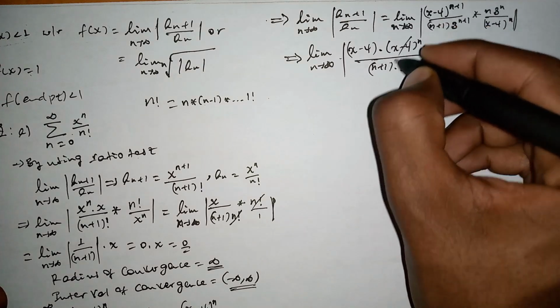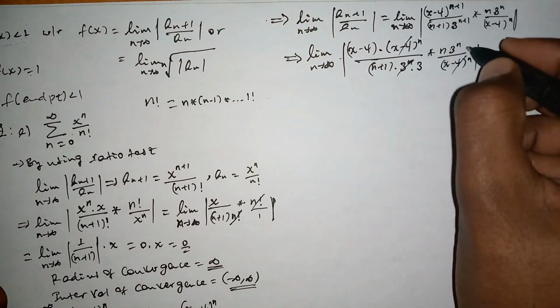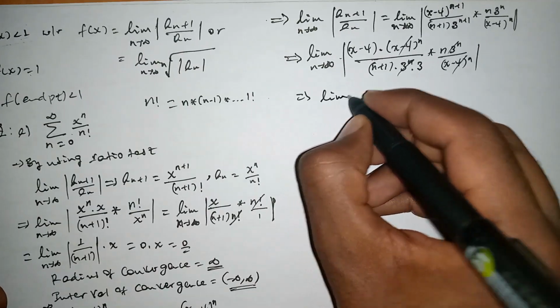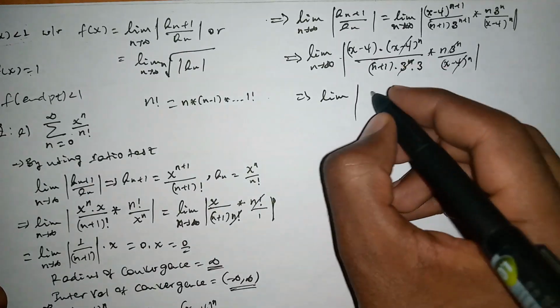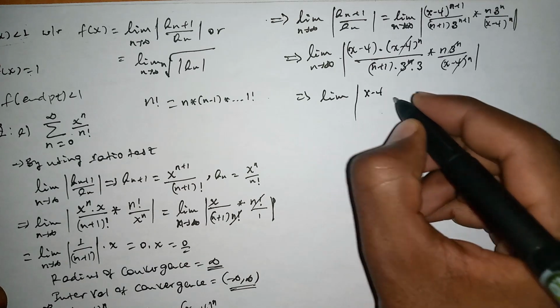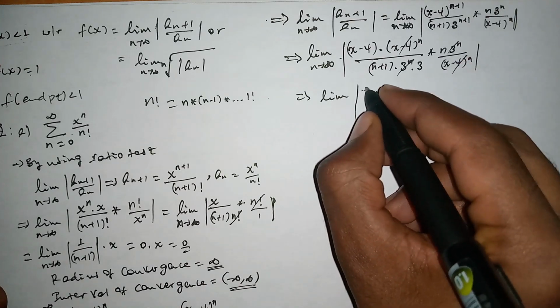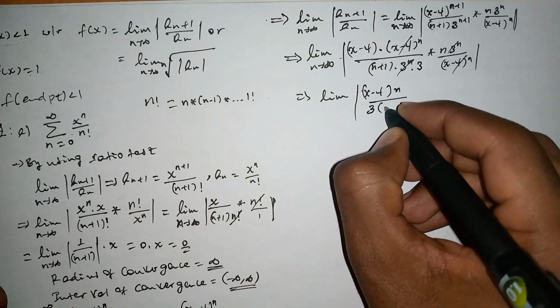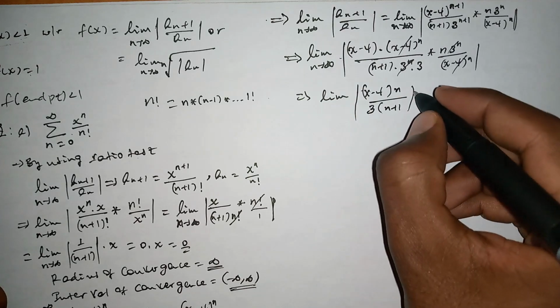So this will be cancelled, and this will be cancelled. This results in the limit of the absolute value of (x minus 4) times n over 3 times (n plus 1).